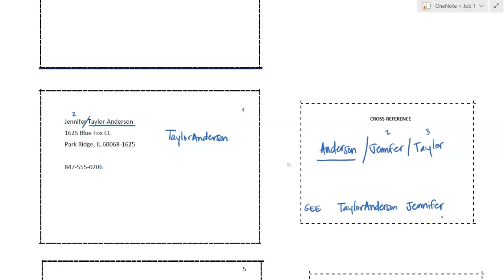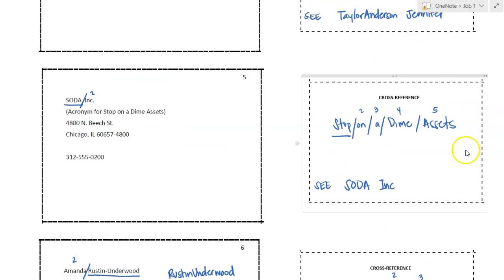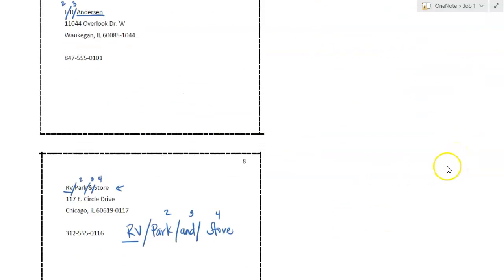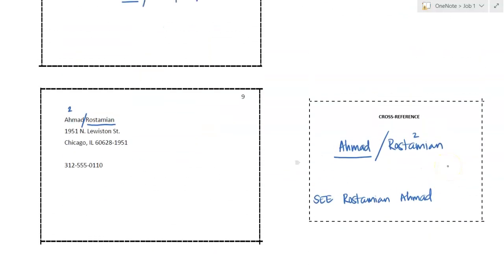And so because we are cross-referencing card number 4, on the top right, you're going to write the original card number and then an X. So the cross-reference for Jennifer Taylor Anderson is going to be 4X. The next one for Stop on a Dime Assets, because the original was card number 5, I'm labeling that as 5X. Okay, this is going to be 6X. And this one is going to be 9X. Okay, and that's how you need to label it.